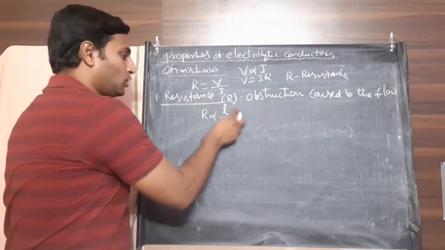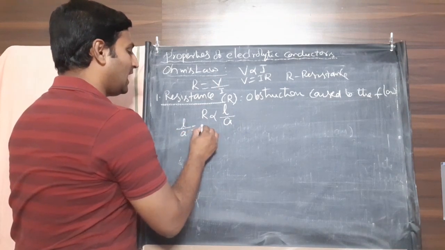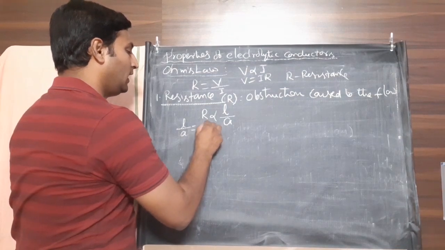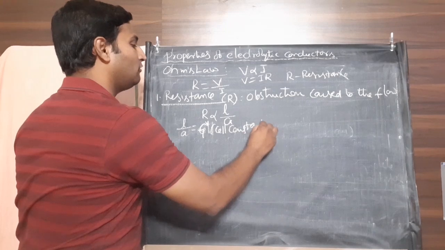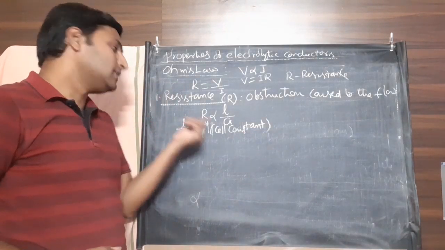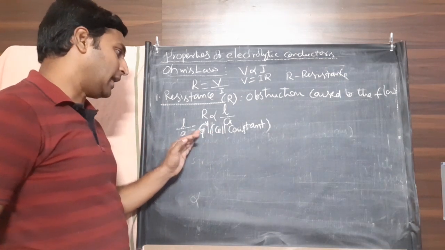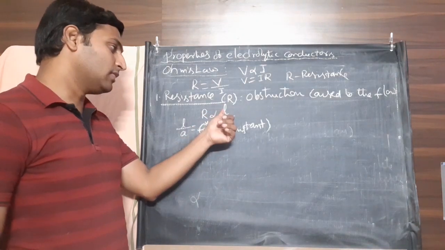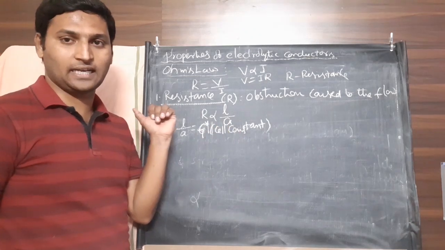And this ratio L by A is otherwise called the cell constant, denoted by G star actually, and is named as cell constant in case of electrolytic conductors. Why is it called cell constant? I will tell you a little later, but for the time being, please understand the ratio L by A is called cell constant, the length of the electrolytic conductor to the area of cross section of the electrolytic conductor.